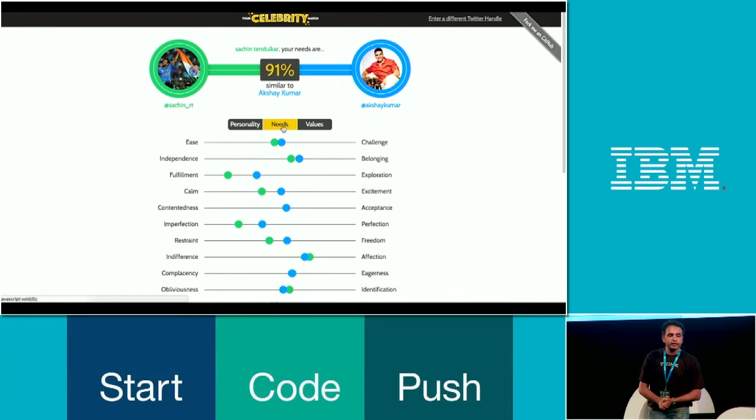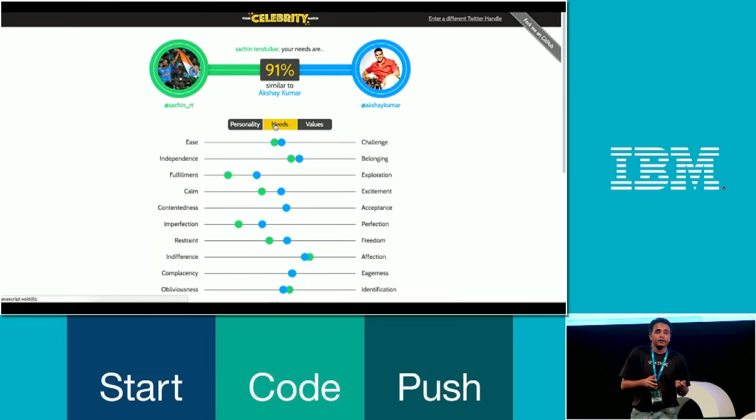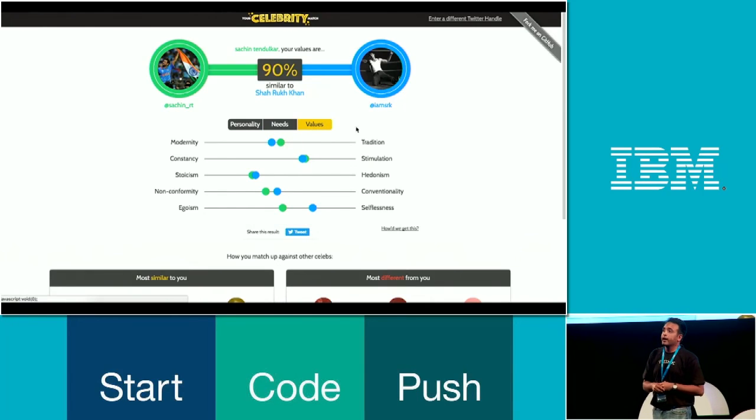Okay, when I look at the needs, it seems Akshay Kumar is the best matching person for Sachin. Well, I never thought Akshay and Sachin had similar views on what needs they have, especially in their Twitter posts. And let's look at the values part. Interesting. When I look at values, Shah Rukh Khan seems to be the best match for Sachin.